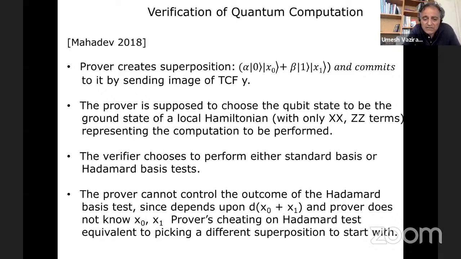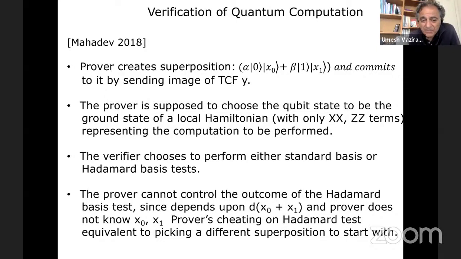Now, the difficulty is that since the qubit is no longer balanced, the Hadamard test really cannot be performed as before. But on the other hand, it's possible to show, and this is really the crux of this entire proof, that the prover cannot control the outcome of the Hadamard basis test.